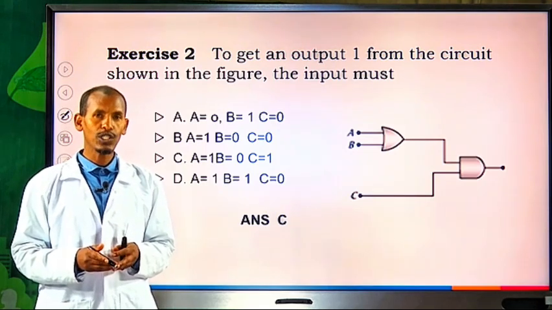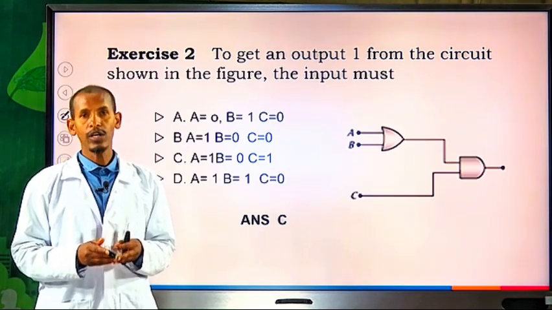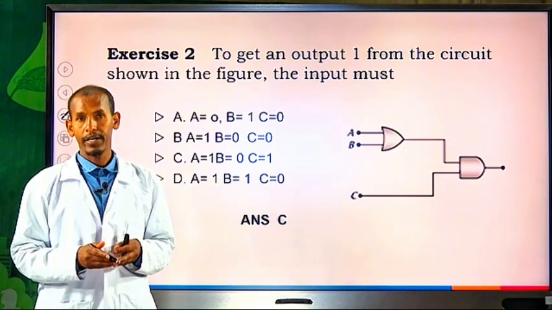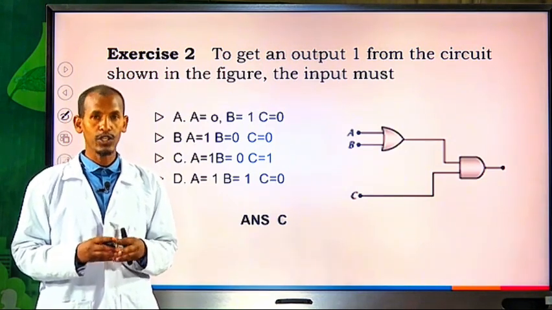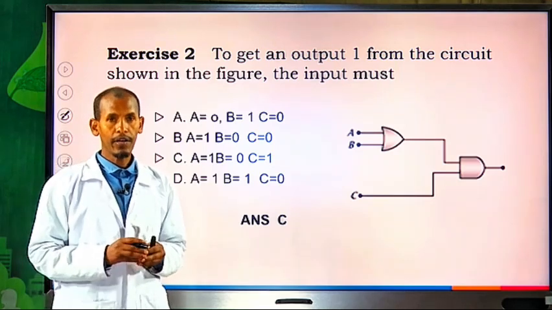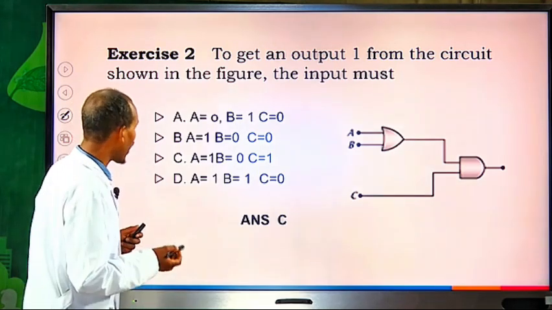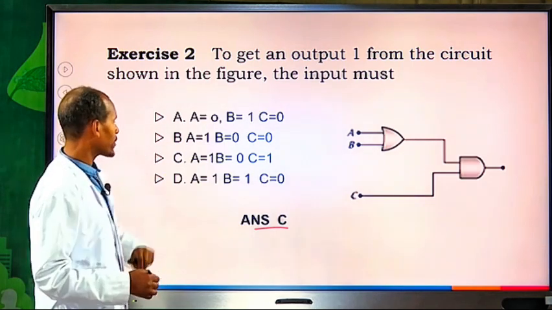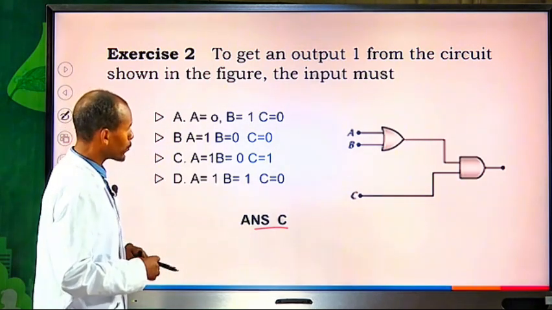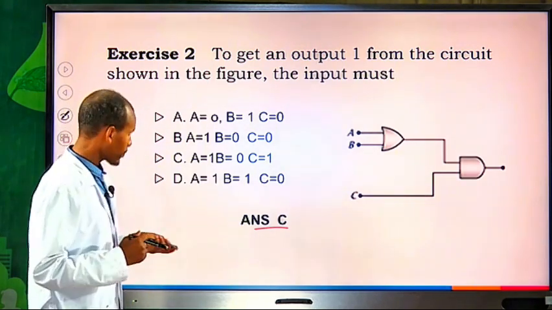C, A equals 1, B equals 0, C equals 1. D, A equals 1, B equals 1, C equals 0. Therefore, the correct answer for this one is C. For the case of C, we can get the output 1.